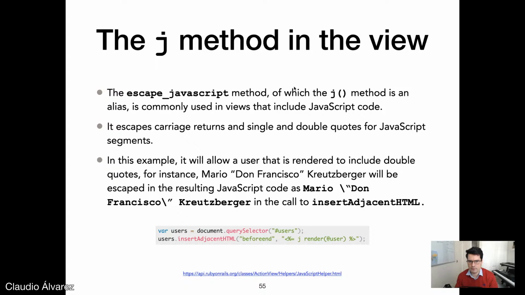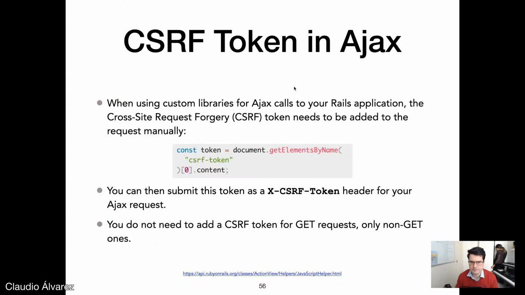There I explain what the J method does. It actually escapes whatever is returned by the render method, so that it is embeddable and compatible with the JavaScript code. In case you need to use the CSRF token, recall the cross-site request forgery that requires a code that is generated on the server side.